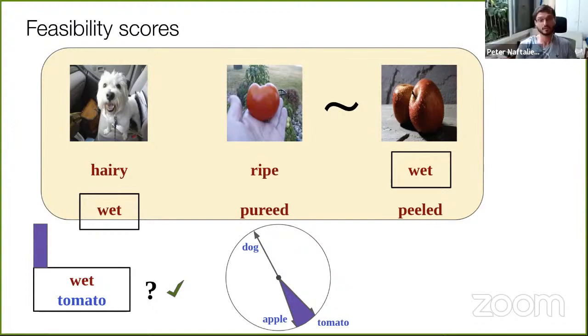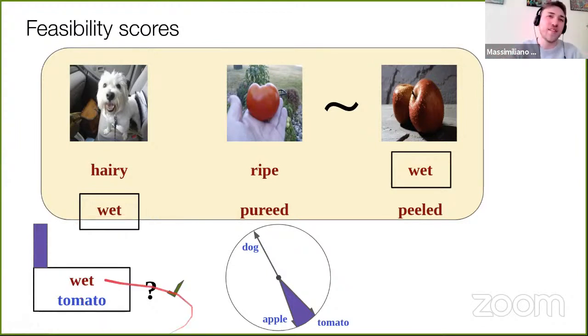You can talk about the median also. In this case, it won't suffer from outliers, right? The median would have been another option, but we chose the maximum for a reason, because let's suppose we have a dataset where wet is associated with apple and with 100 animals, right?